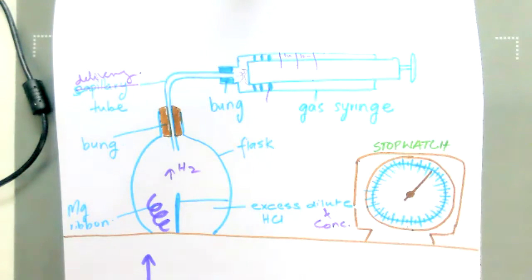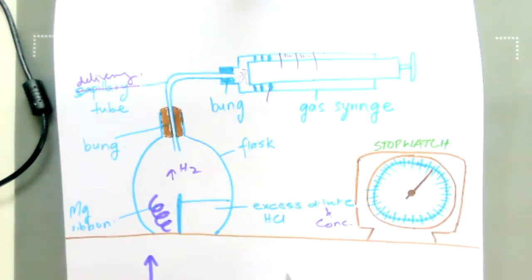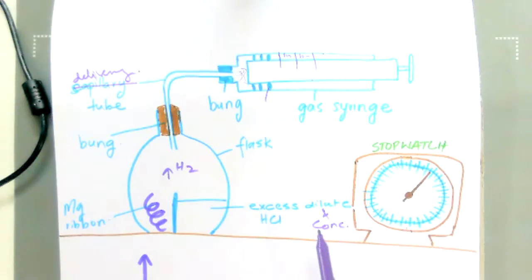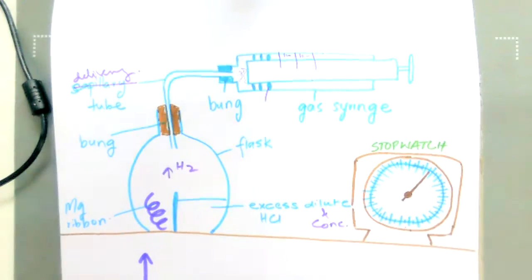So first we're going to use dilute hydrochloric acid, and then we're going to repeat the same experiment with concentrated hydrochloric acid, and then we're going to plot the results onto a graph.